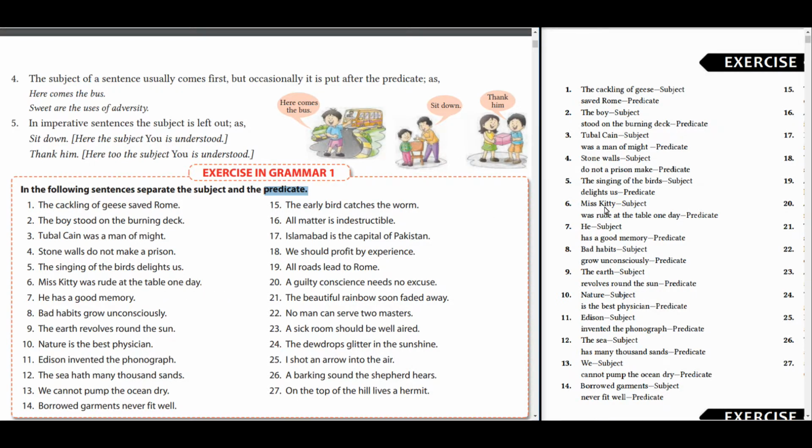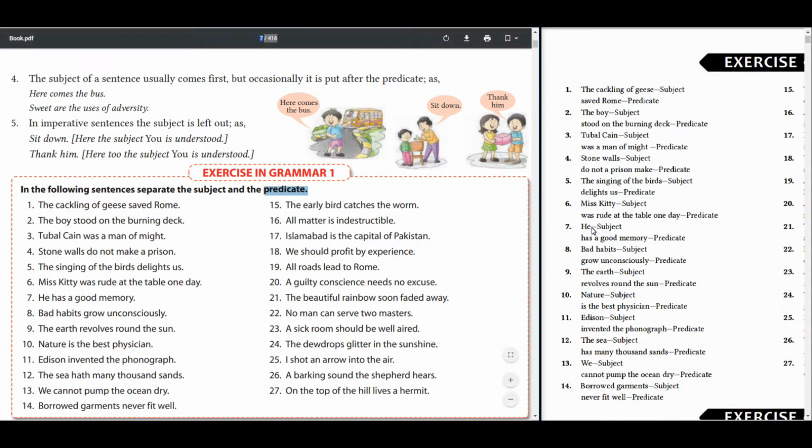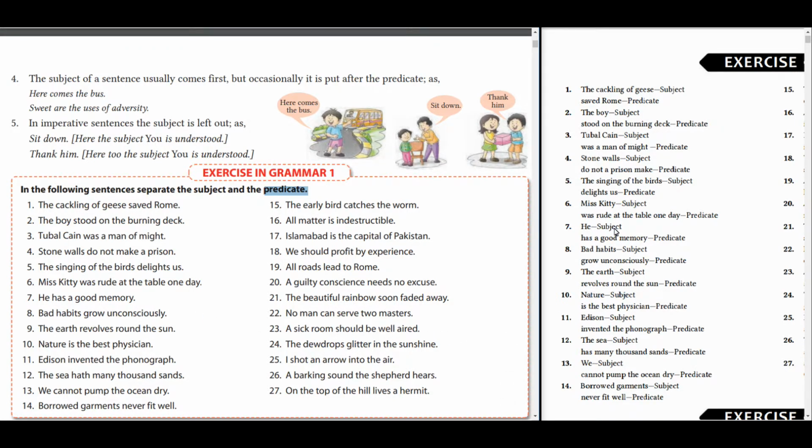Miss Kitty is a subject. The rest of the sentence is a predicate: was rude at the table one day. Seventh: he has a good memory. Okay, let's see. He is a subject, has a good memory is a predicate.